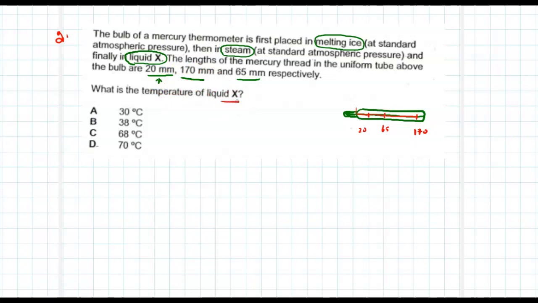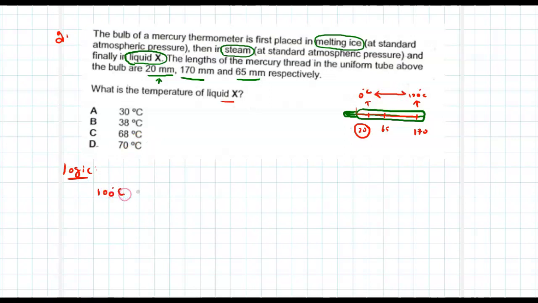Here we have the formula and we have the logic. So first I will teach the logic, the logical way. Initially the 20 millimeter is located at 0 degrees Celsius and 170 millimeter is located at 100 degrees Celsius. So what is the temperature difference here? 100 minus 0 is 100 degrees Celsius.